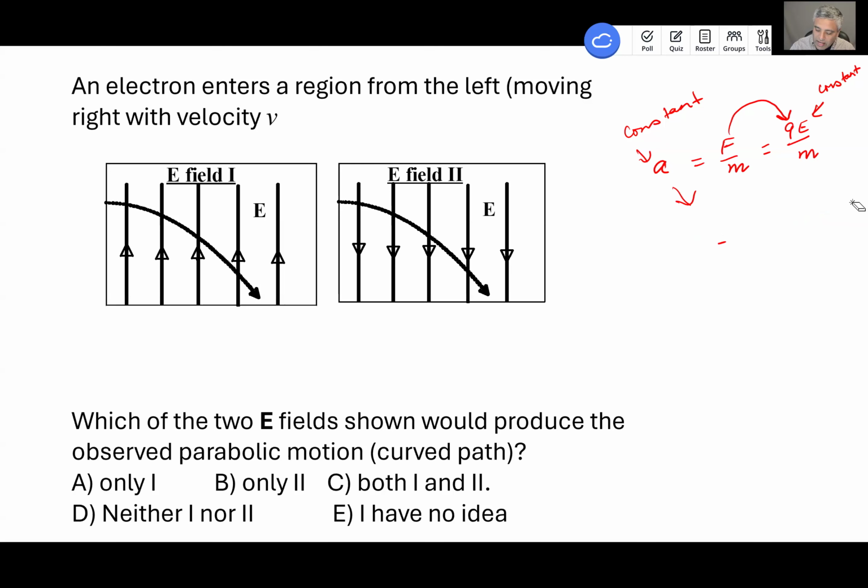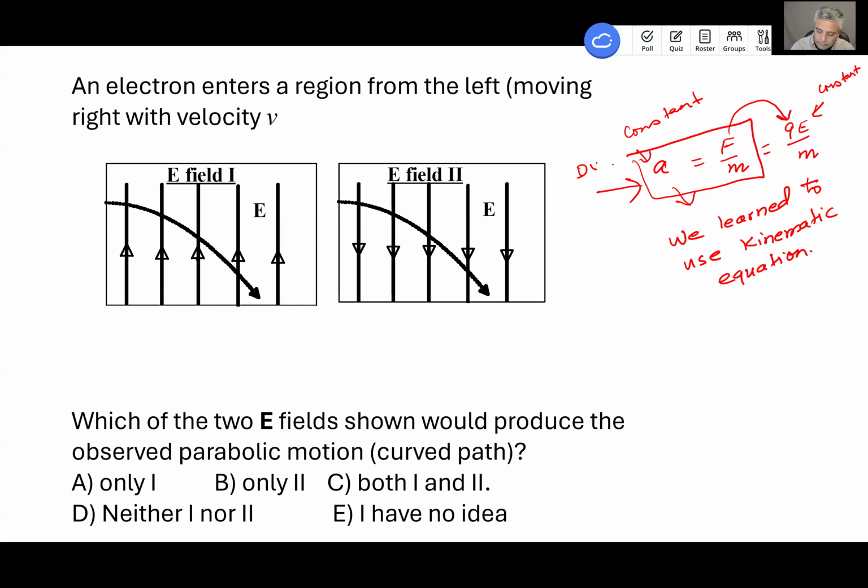So once we have that, we can use kinematic equations. By doing this, we use dynamics, or laws of motion, right? And this is kinematics.